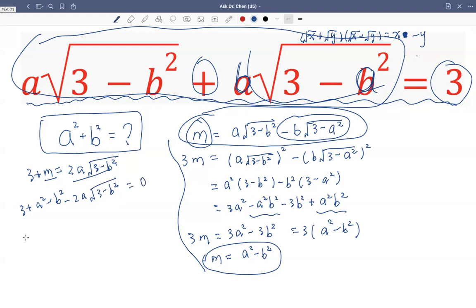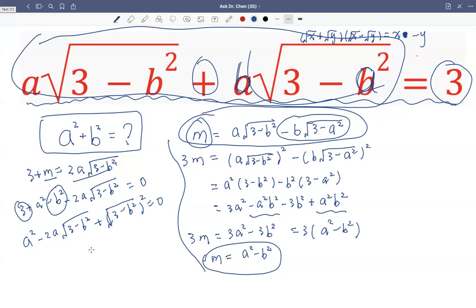Now let's rewrite this. Let's write this as a squared minus 2a square root of 3 minus b squared plus 3 minus b squared equals 0, right? 3 is here, minus b squared is here. You see this one is just the square root of 3 minus b squared, squared.